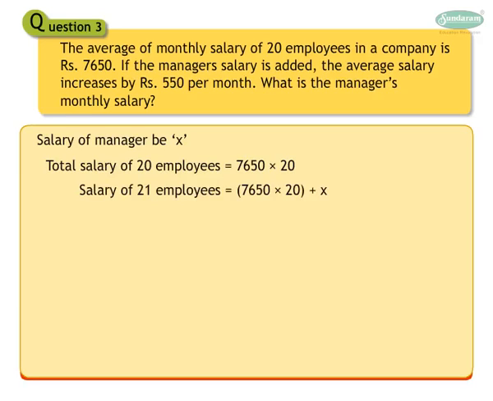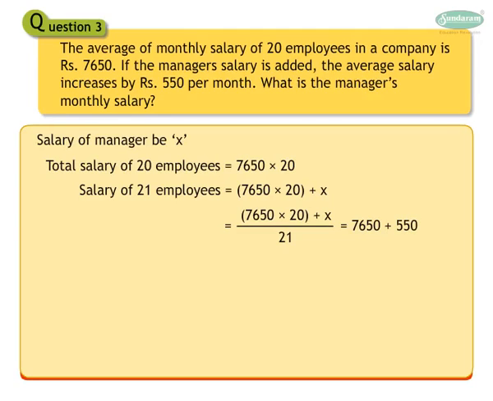The average of 21 employees can be expressed as 7,650 into 20 plus x upon 21. This average of 21 employees is 550 more than the average of 20 employees. So, the average of 21 employees becomes 7,650 plus 550.